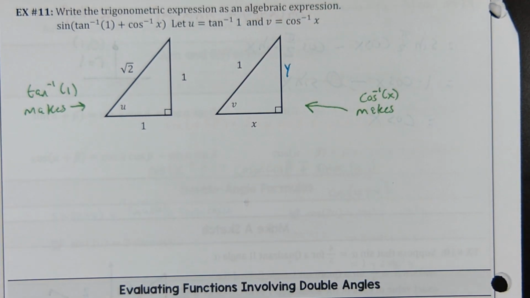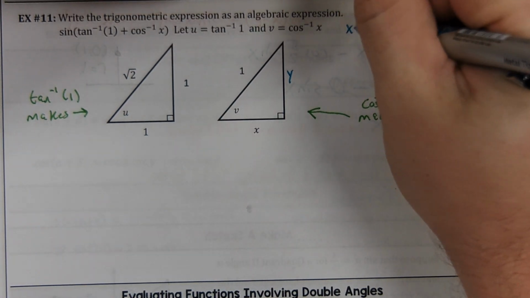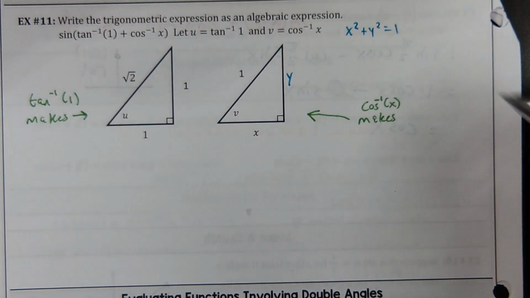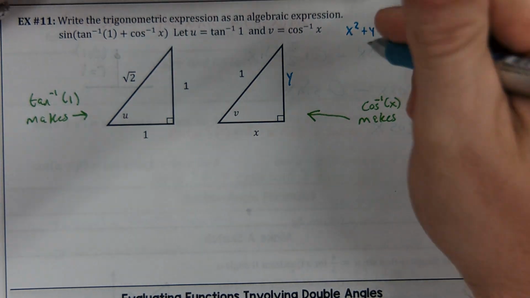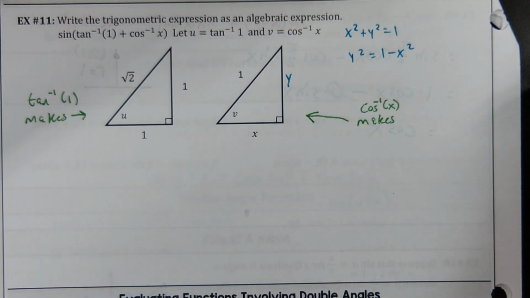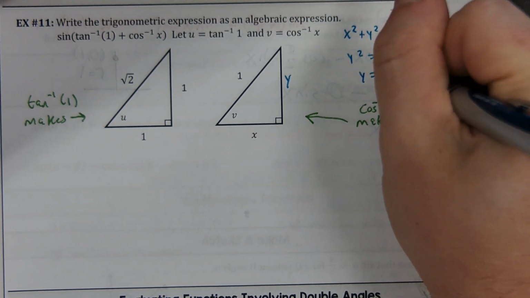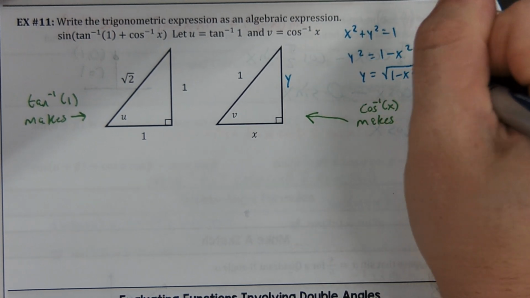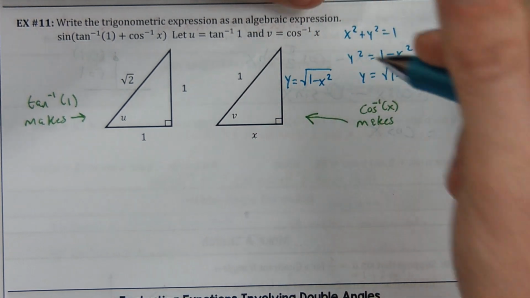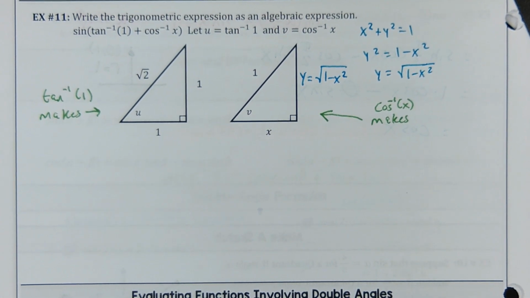Pythagorean theorem. x squared plus y squared equals r squared, but our r is 1, so 1 squared. Let's get y by itself. And because we know we're in quadrant 1, y must be positive. There it is. Cool.